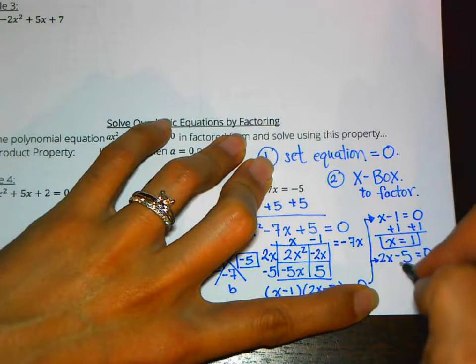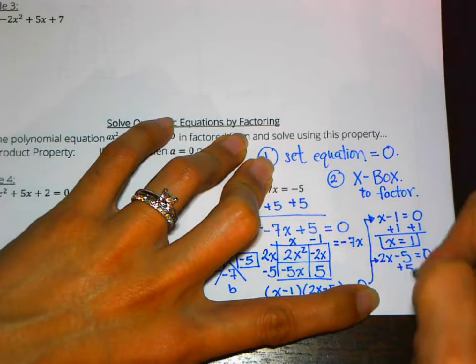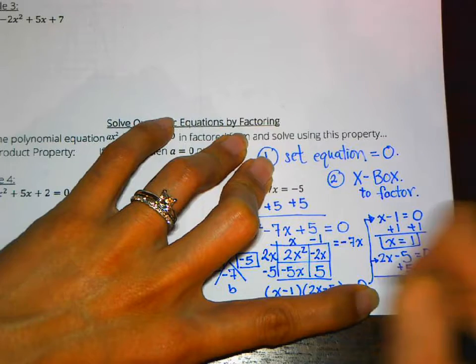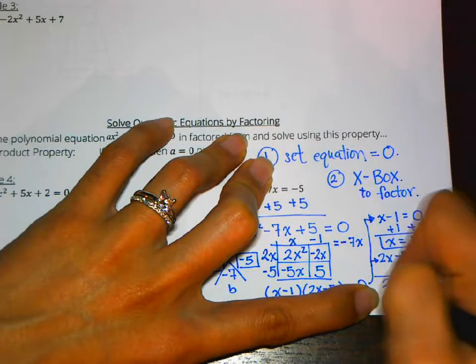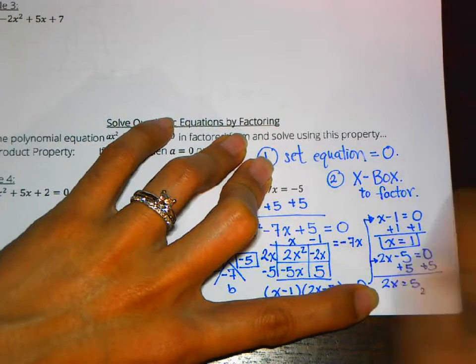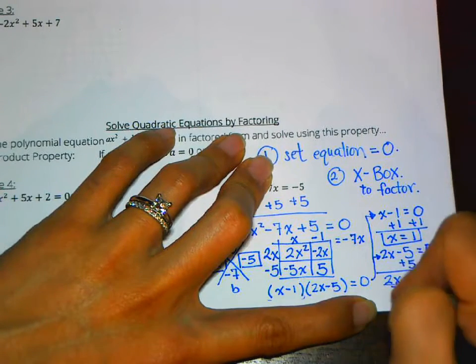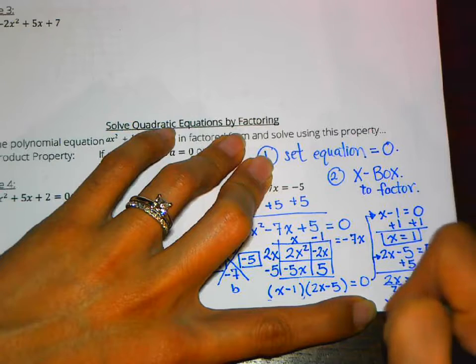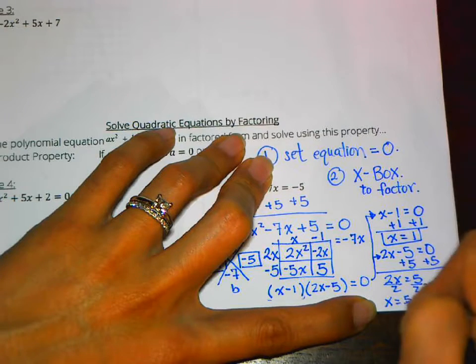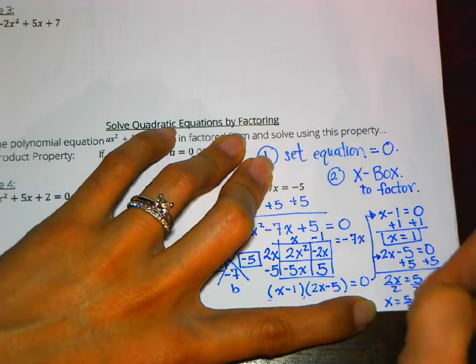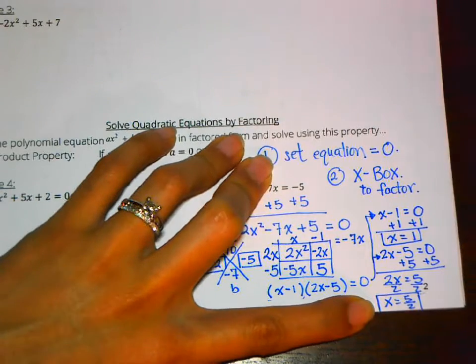This one's a little trickier, a little bit more involved. You need to add 5 on both sides. 2x equals 5. To figure out what x is, I have to divide it by 2. So that tells me x is equal to 5 over 2. And you're more than welcome to just keep it as a fraction.